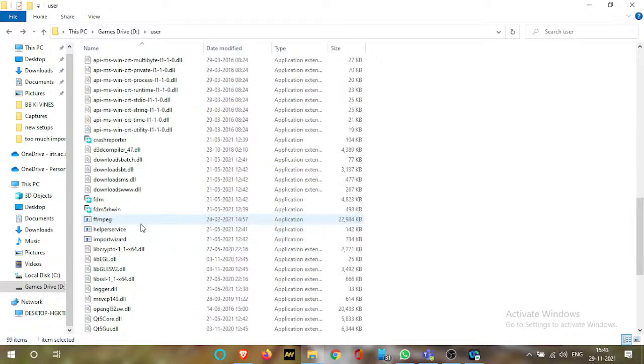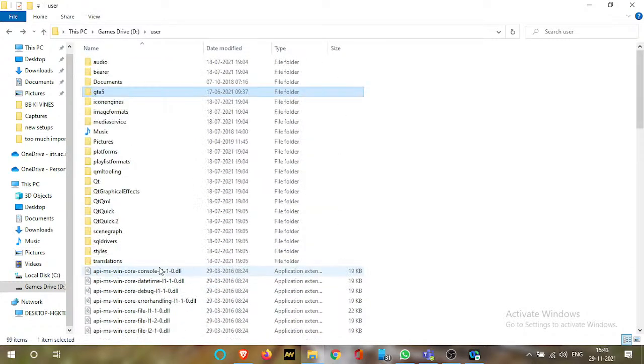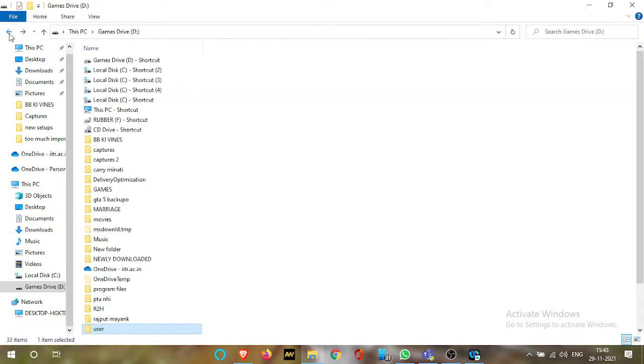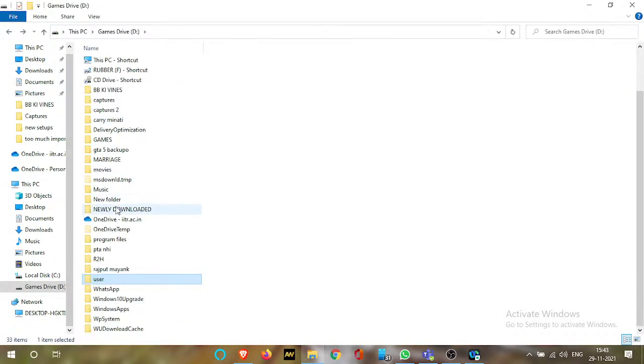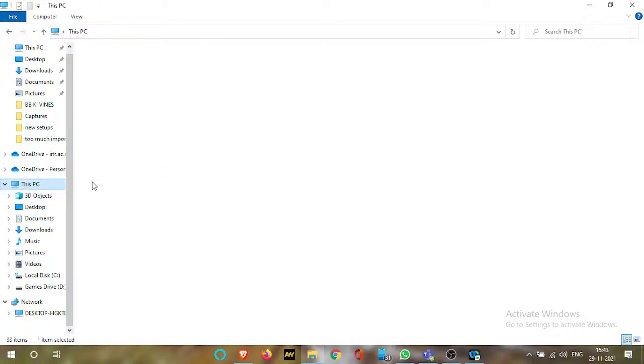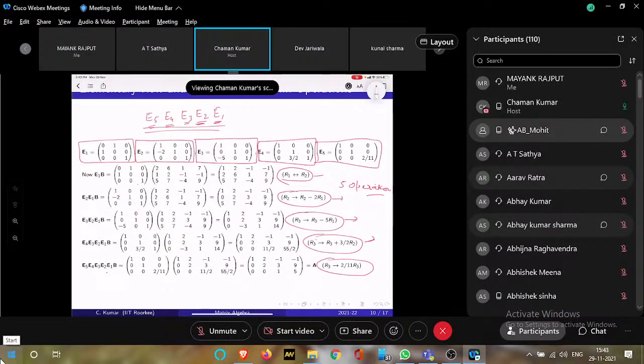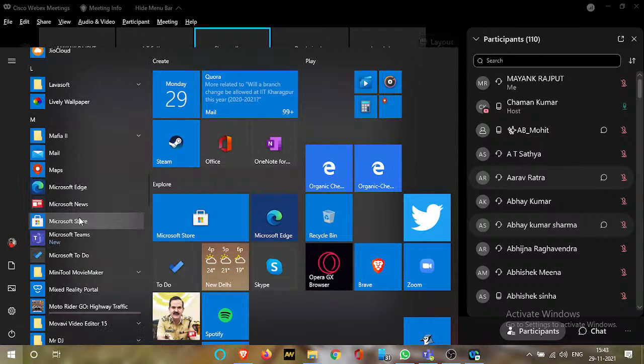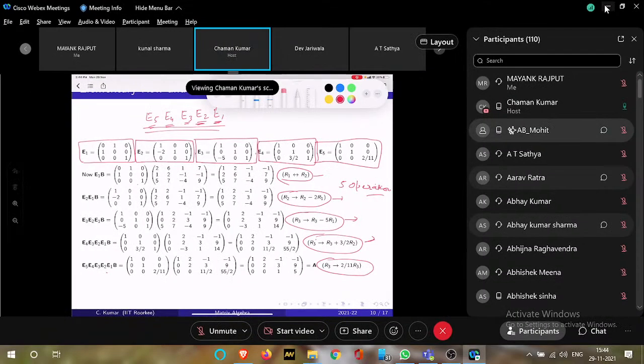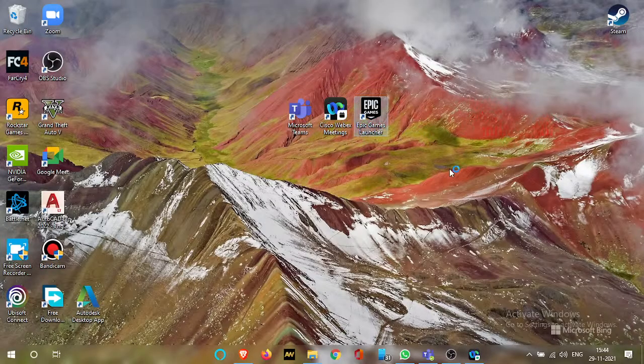The third one is R3 minus 5 R1, with elementary matrix E3, and similarly E4 and E5. You should always maintain the order. If you mix up the order, then this is completely wrong.